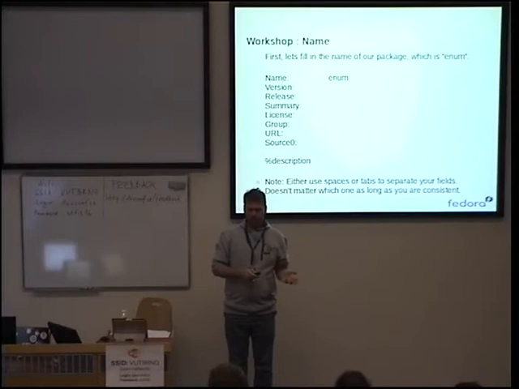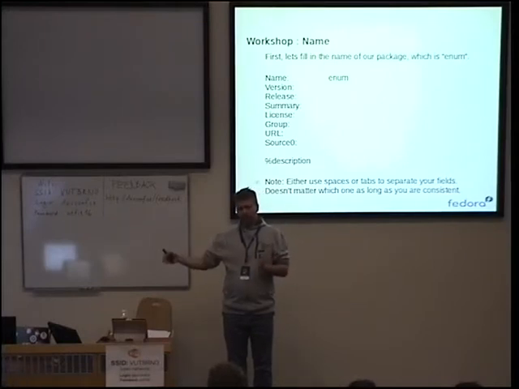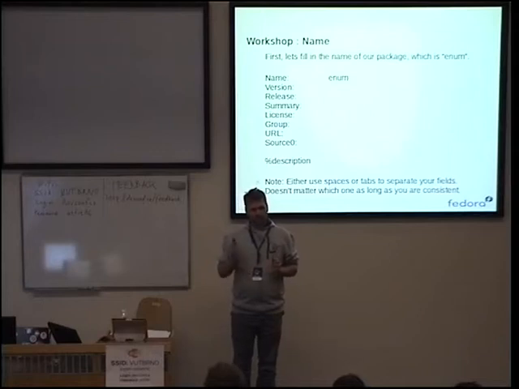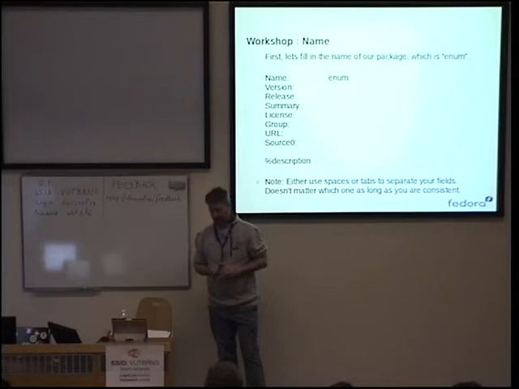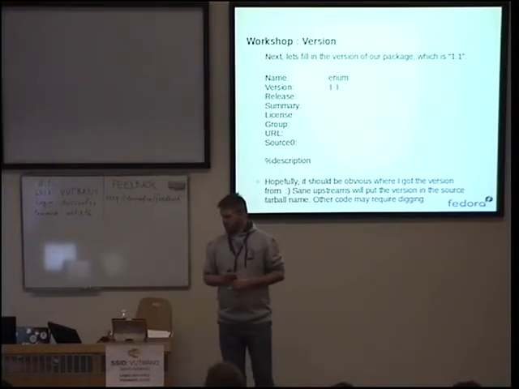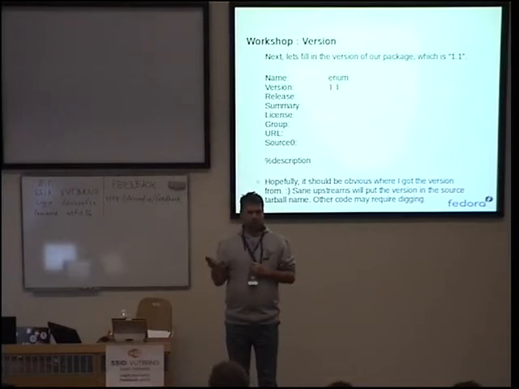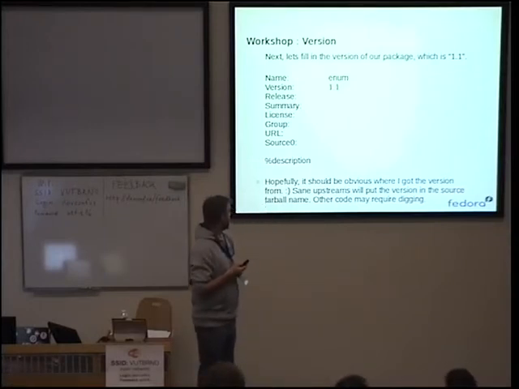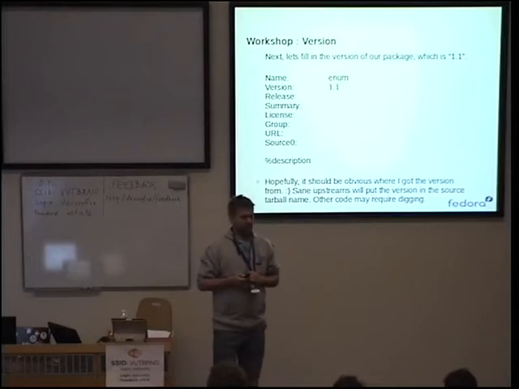For example, Python modules are in Fedora named python-name-of-the-module, similar for Ruby, Perl modules, etc. But I will leave it up to you to study that in the Fedora guidelines. Version, we are packaging version 1.1, so we will put there 1.1. This is hopefully obvious.